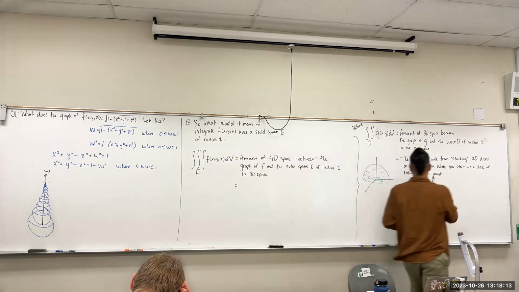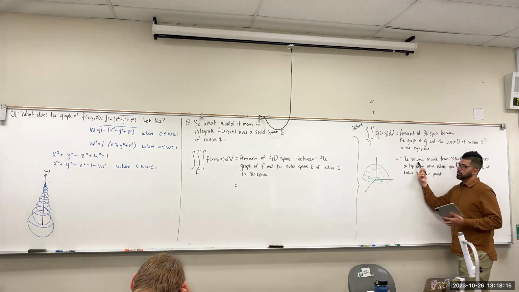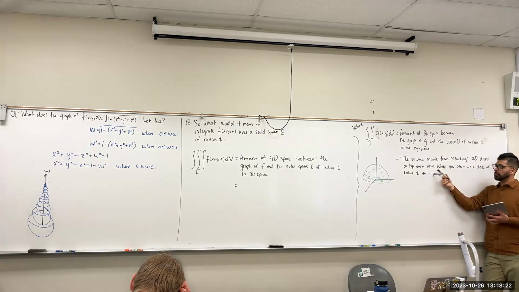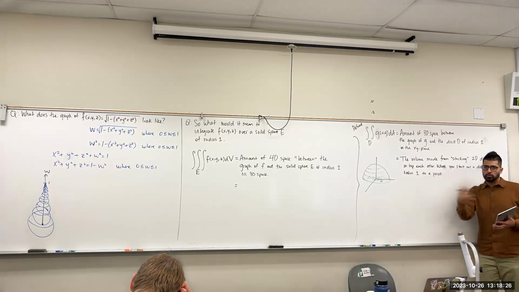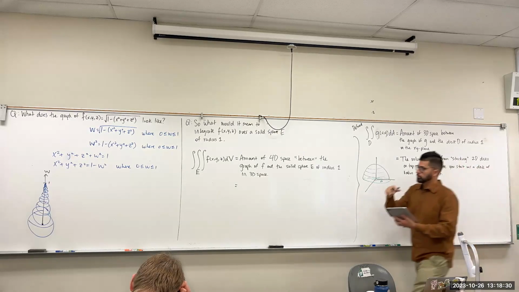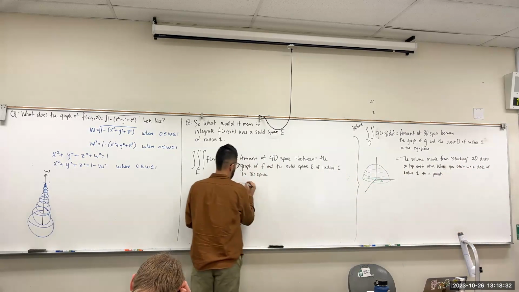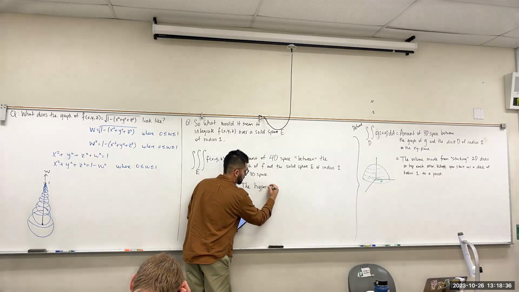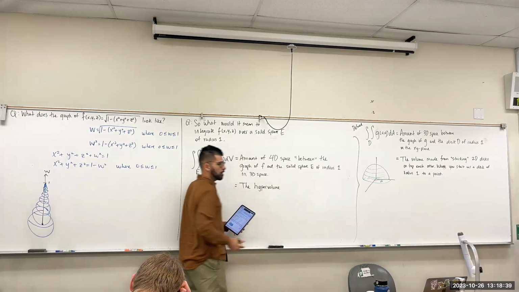Well, the way we visualized volume here is we said, I have a bunch of two-dimensional disks that I'm stacking on top of each other. And then when I did that, the area of all those disks created the volume. So here, you're going to learn a new word. It's called the hypervolume, which usually in math means any volume greater than 3 dimensions.